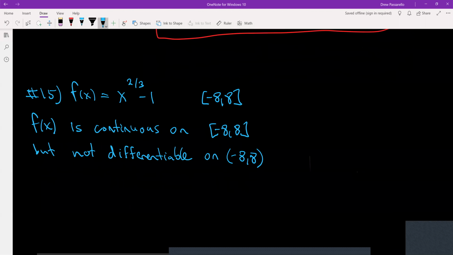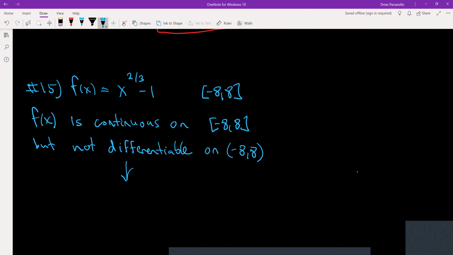Basically that means its derivative does not exist for all values in that interval. So f prime of x is not defined for every value x in the open interval -8 to 8.